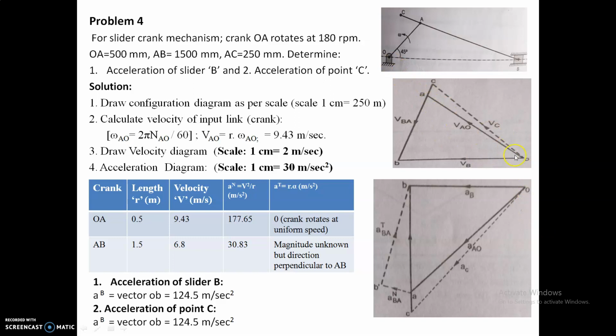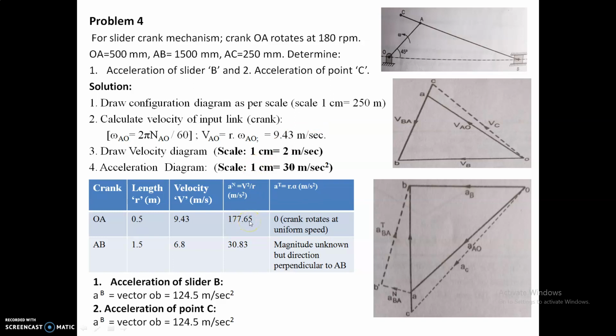O is the fixed point, so I have given small o as the notation. Then you have to calculate the acceleration for the crank. Already you know the crank has only one component, the normal component, and its magnitude is determined by the formula velocity squared divided by r.